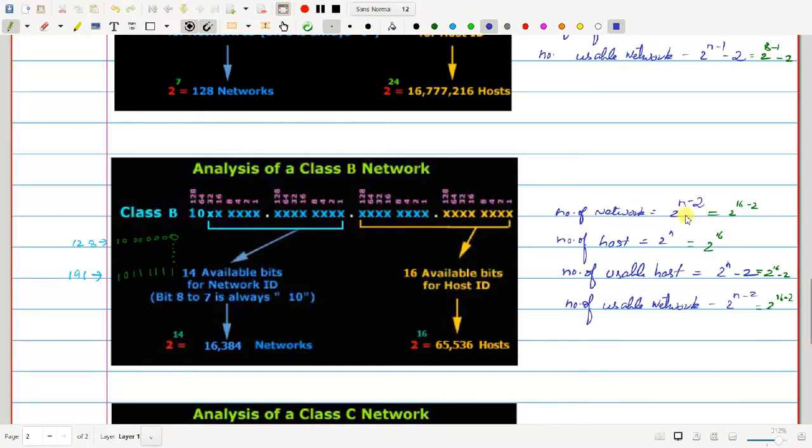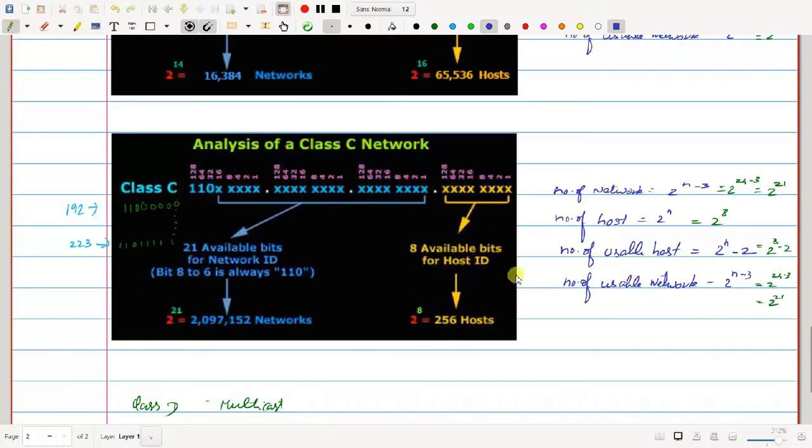The total number of networks in class B is 2 power 16 minus 2, because the first two bits are reserved, which equals 2 power 14. The total number of hosts is 2 power 16. The total number of usable hosts is 2 power 16 minus 2, because the first address is used for the network address and the last for the broadcast address. The total number of usable networks is 2 power 14, since the first two bits are reserved, always 10.